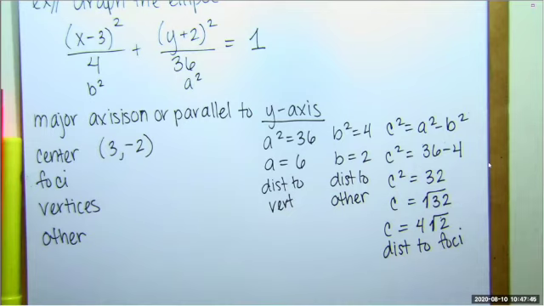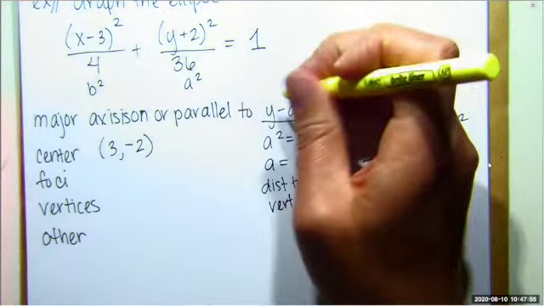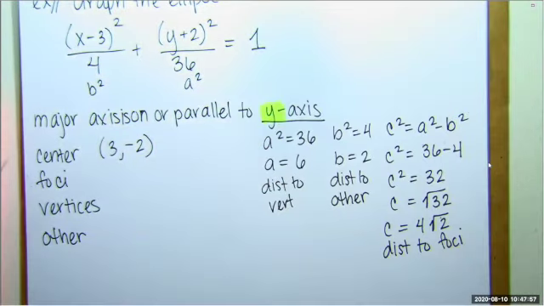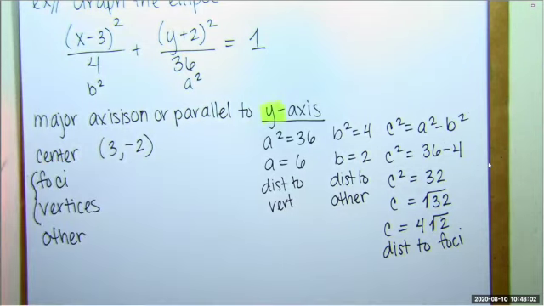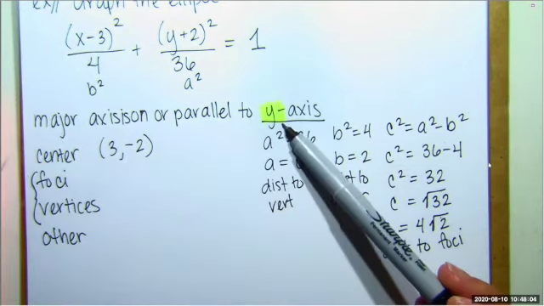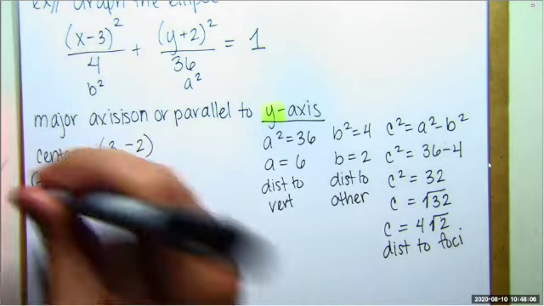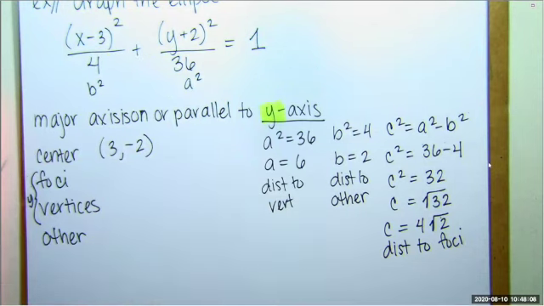All right, so this one, our center is not at the origin, so this one's a little bit more difficult than the previous one. What I like to do is remind myself that my major axis is on or parallel to the y-axis, which means that for the foci and vertices, we're going to move along the y-coordinate to get to these points. The other important points are the points of intersection with our minor axis.